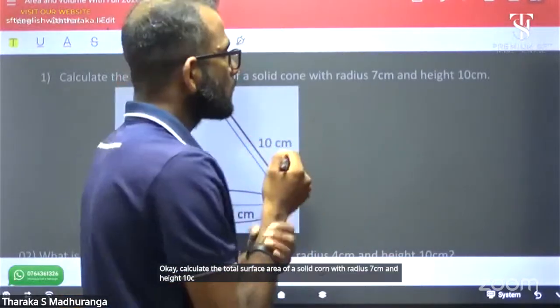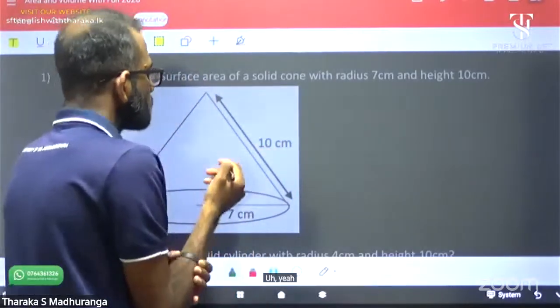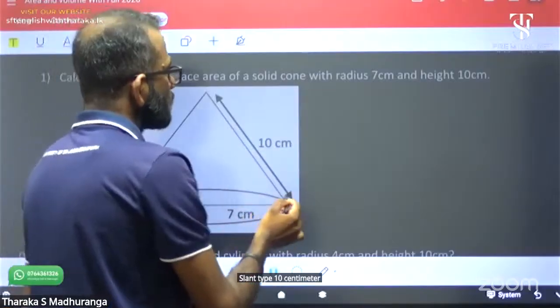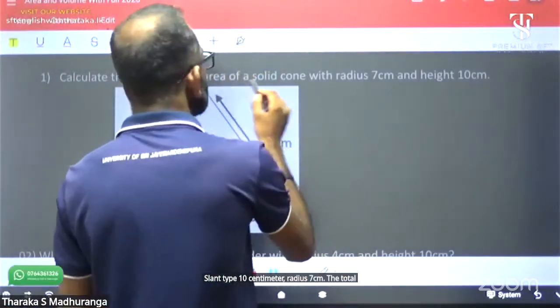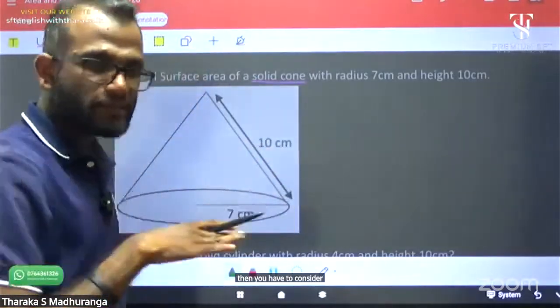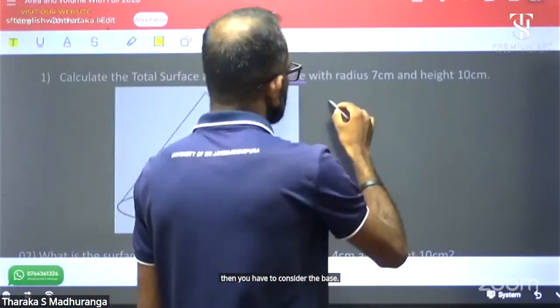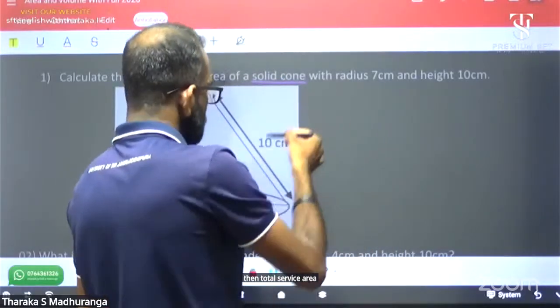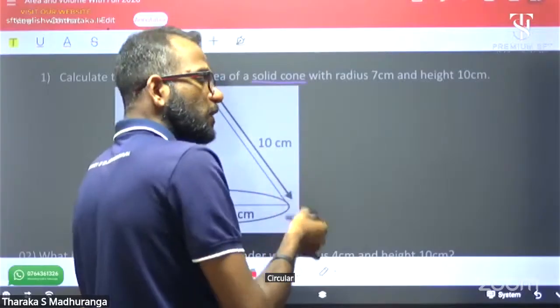10 centimeter. Yeah, that's slant height. Slant height 10 centimeter, radius 7 centimeter. The total surface area of the solid cone. Now it is a solid cone, so you have to consider the base. Total surface area equals curved surface plus circular base, right?